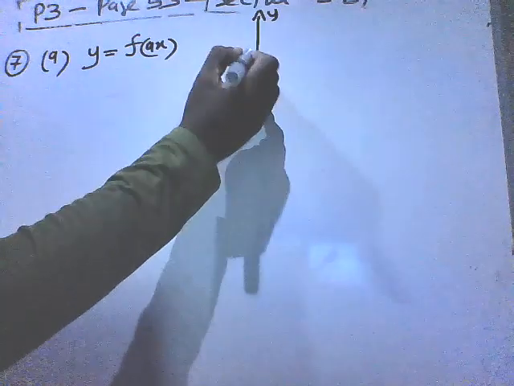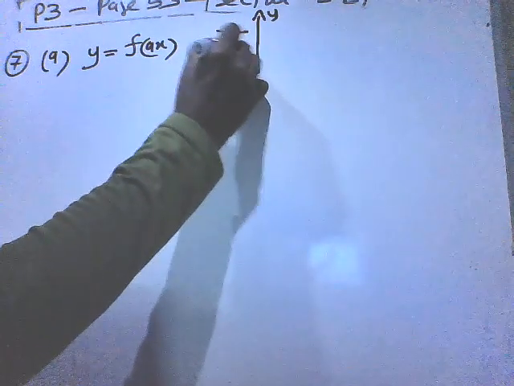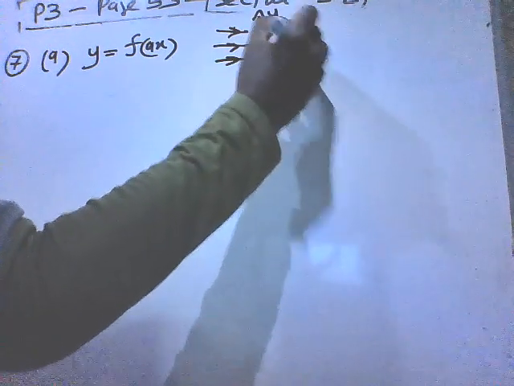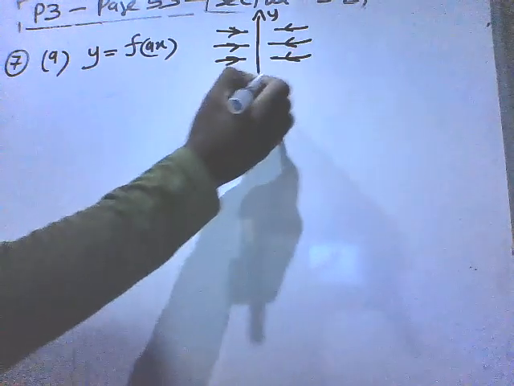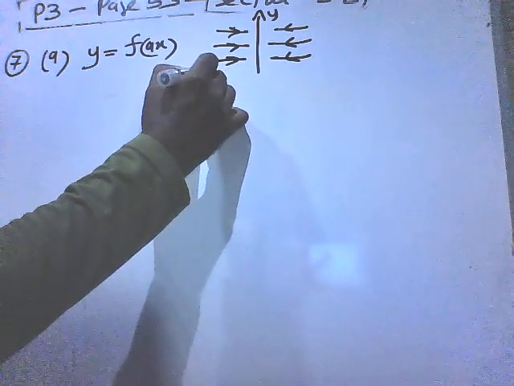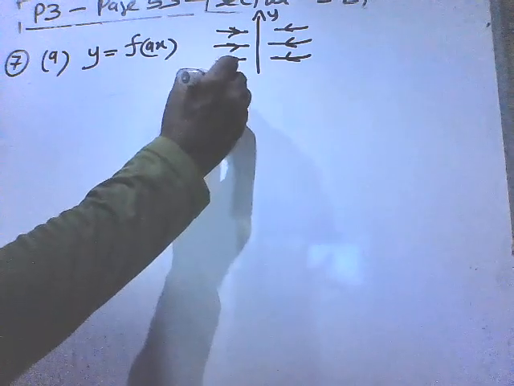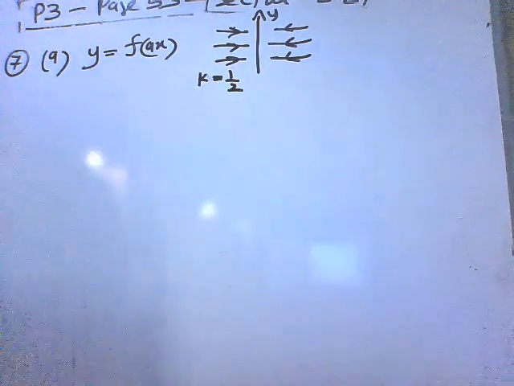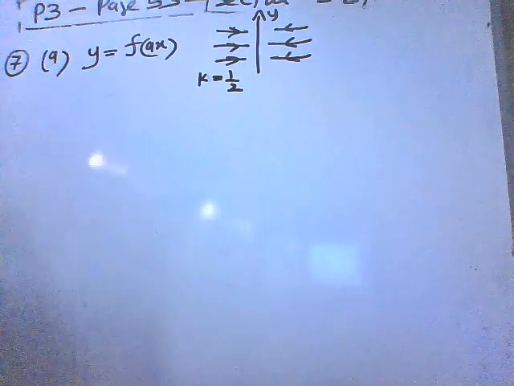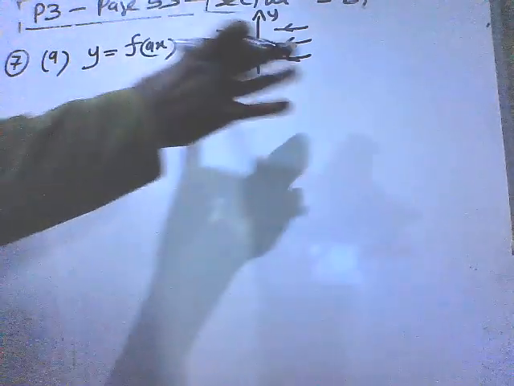If it is getting multiplied, x behaves in the opposite way. If this is the y-axis, it should get half of it. This way it should stretch. So the scale factor k is half: all the x coordinates should get multiplied by half when this is happening.